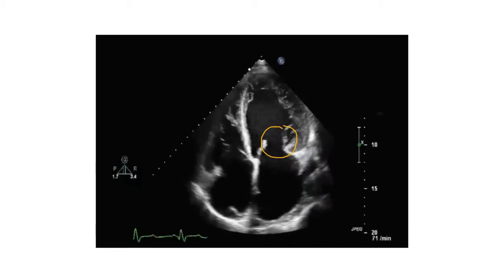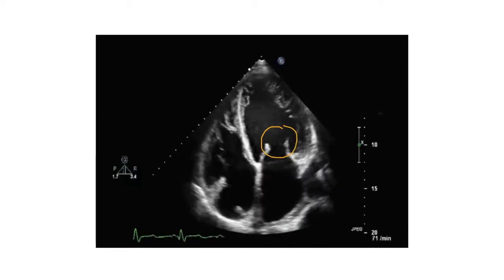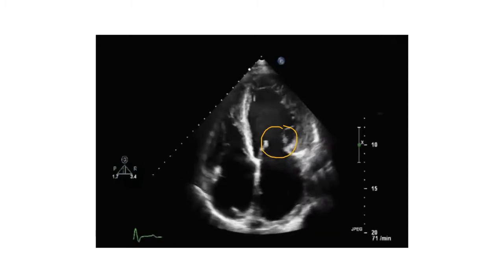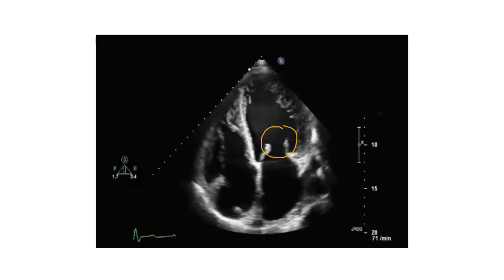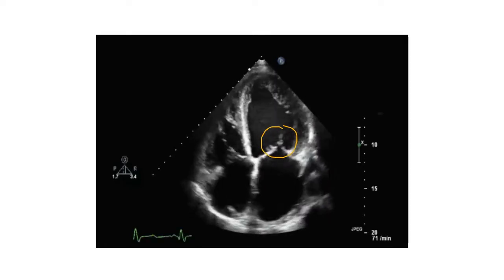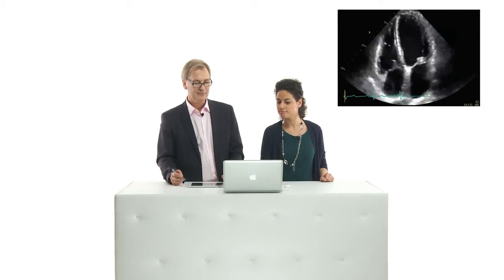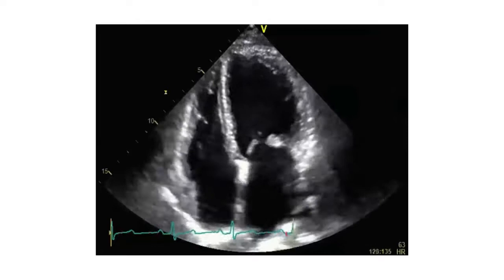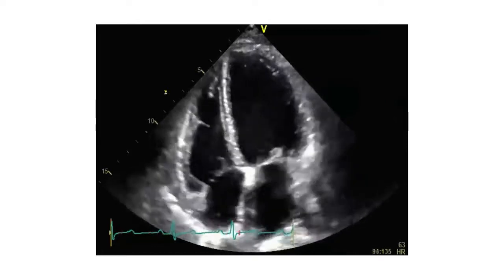So this would be a wonderful example of functional MR. You can really see the hole here, and if you can see the hole, you don't need color Doppler. Regurgitation for sure is going to be massive. And finally, this would be an example where you have a thickened mitral valve here, and you have something which moves on the mitral valve, attached to the mitral valve.